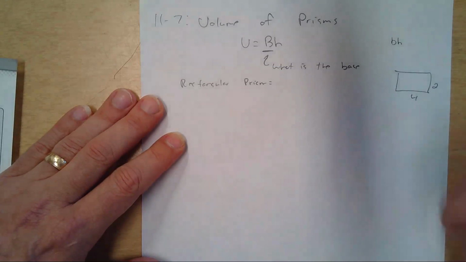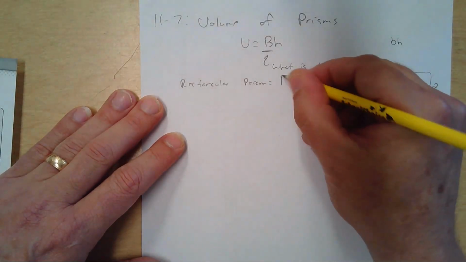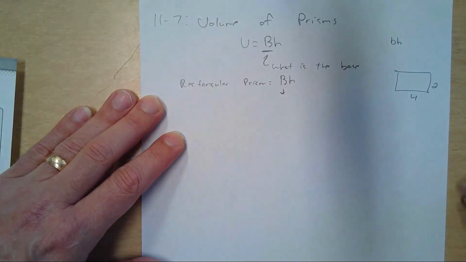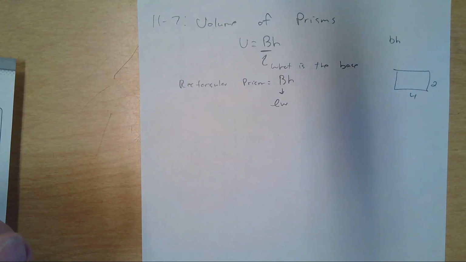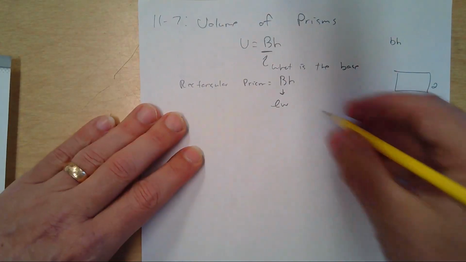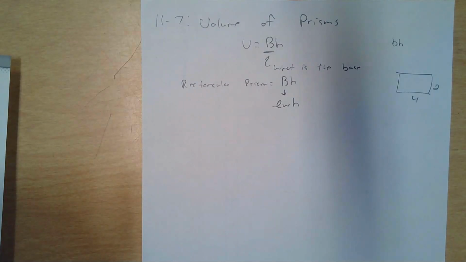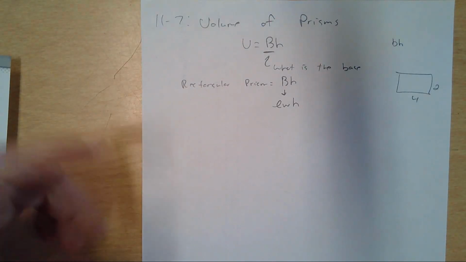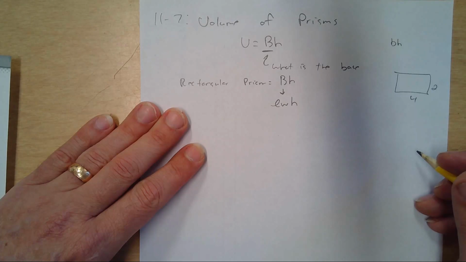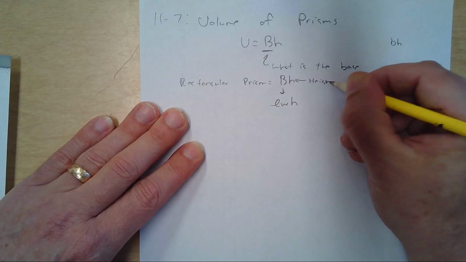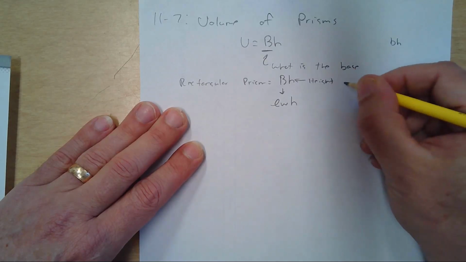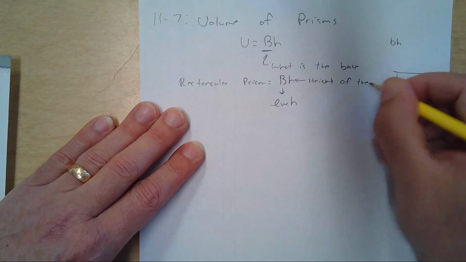Yeah, it's just the length times the width. So base times height, but in this case the base is a rectangle. To find the area of a rectangle, you take the length times the width, times the height of the prism. So a capital B just means length times width, and then times the height. It depends what type of base you're working with. Height of the prism.